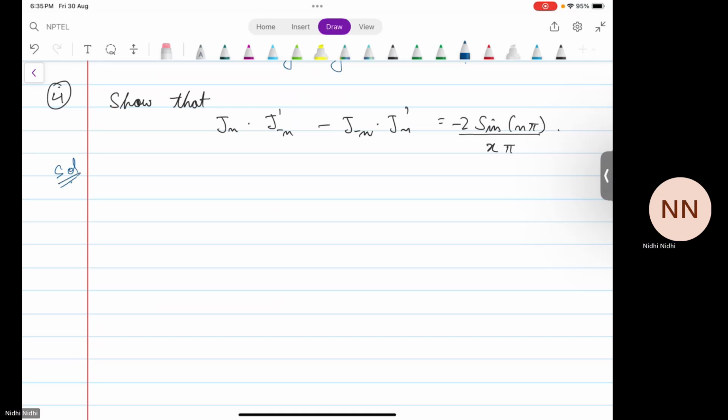Solution. So now we know that J_n is a solution of Bessel's equation.